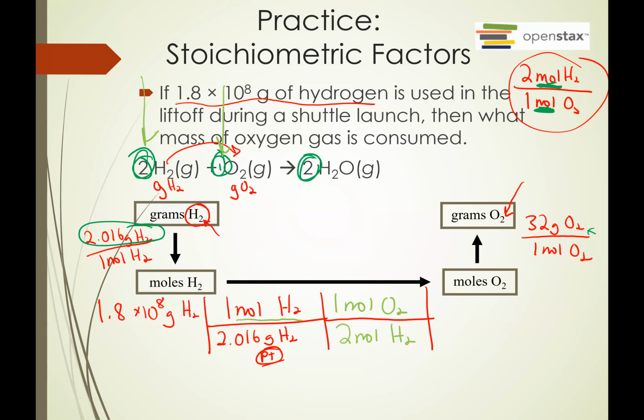So when you have mole over mole, we only look at the coefficients. Now we're done with the coefficients. We've got oxygen, which is what we wanted, but we have moles of oxygen. We want grams. How do we go from moles to grams? Periodic table. In 1 mole of oxygen, there are 32 grams of oxygen.